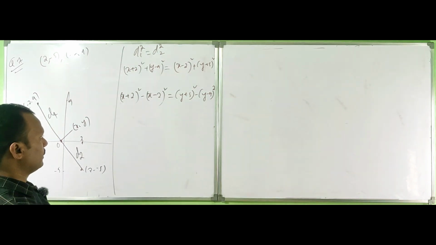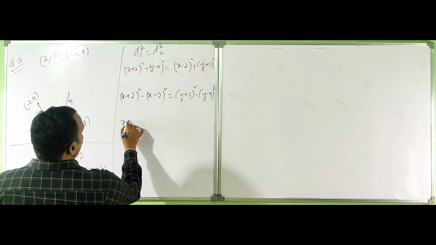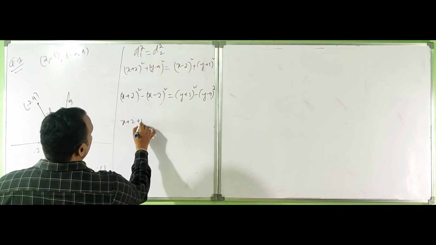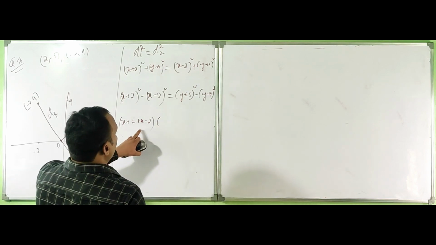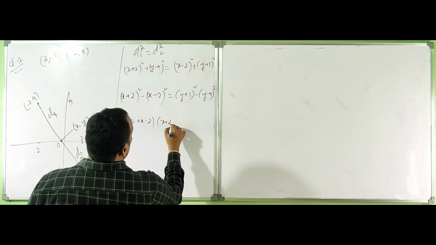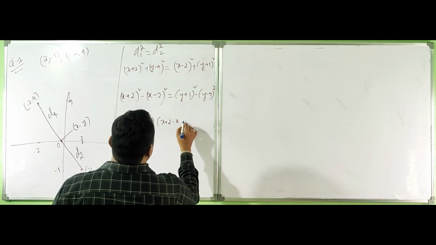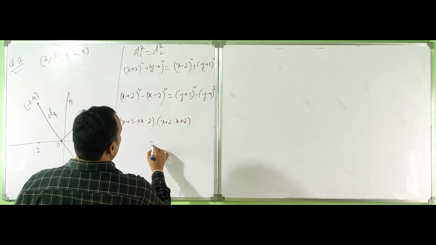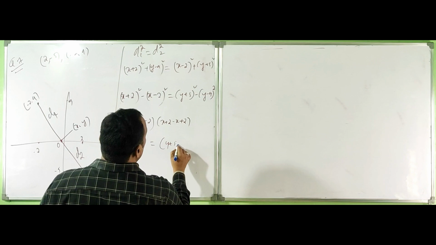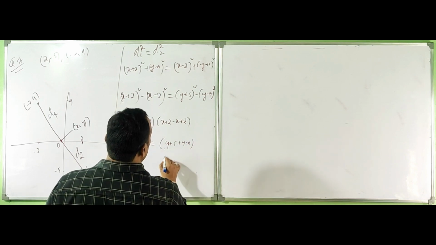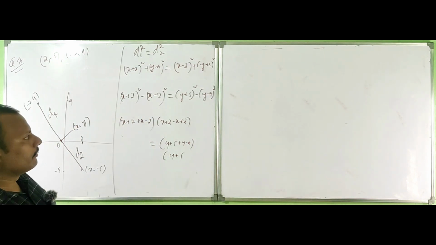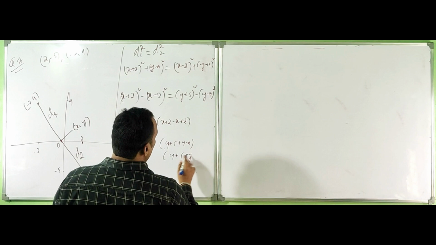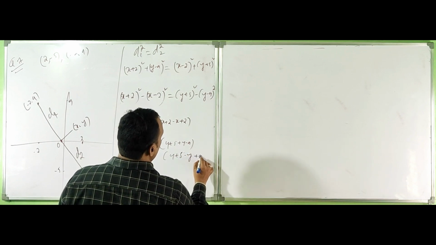In this formula I am explaining it: (a + b)(a - b). x plus 2 plus x minus 2, into x plus 2 minus x plus 2, equal to y plus 5 plus y minus 9, and y plus 5 minus y plus 9.